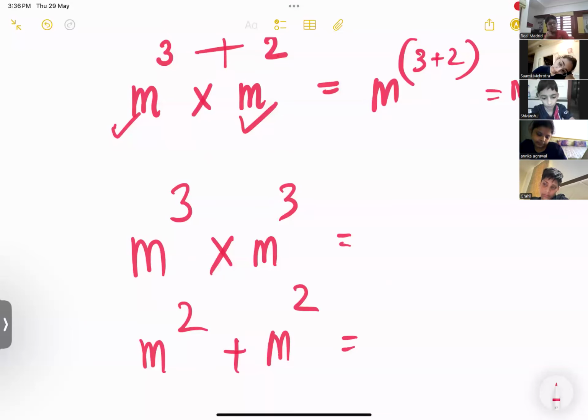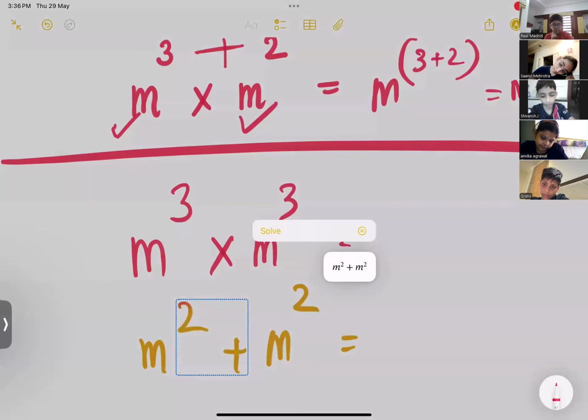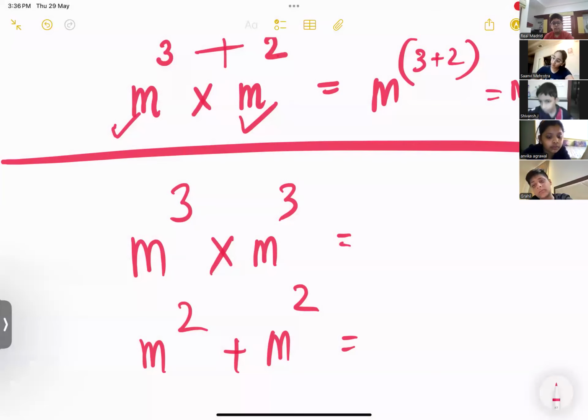Give me the answers for these two expressions, fast. Someone said m to the power of 4. Wrong. There is a reason why I have given such a question.